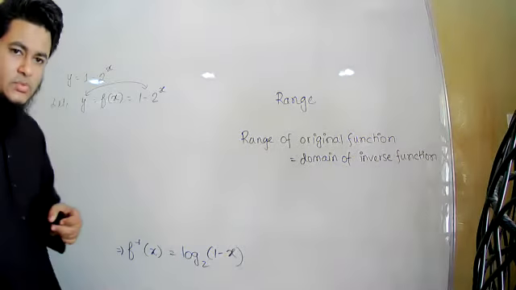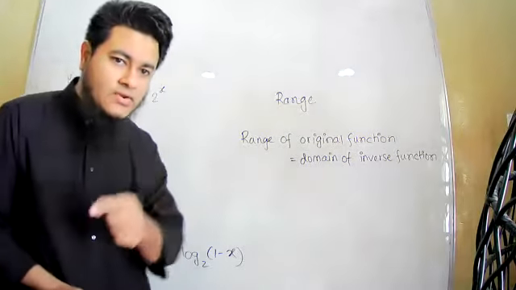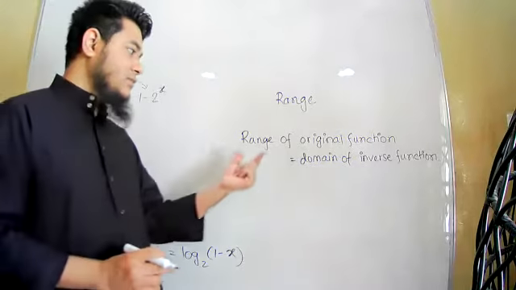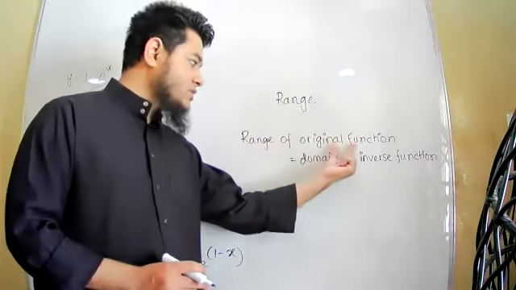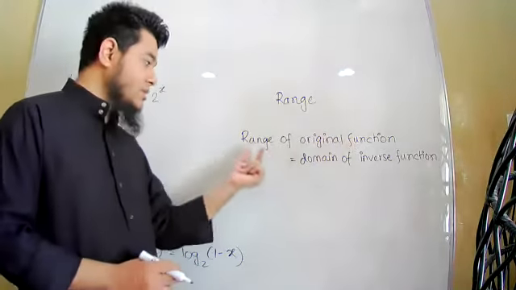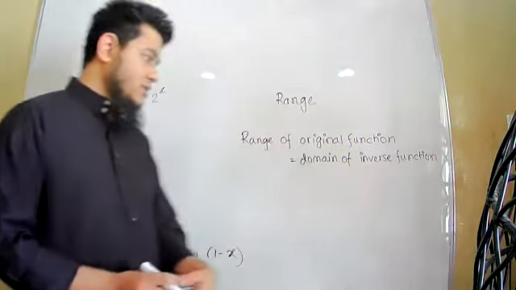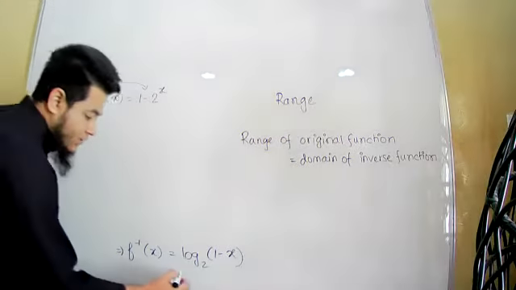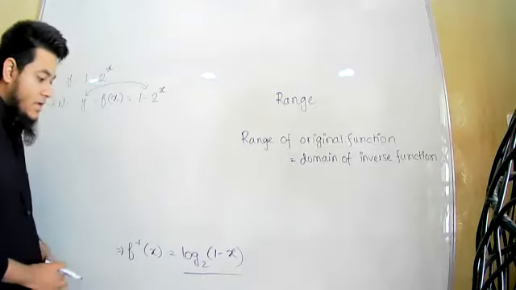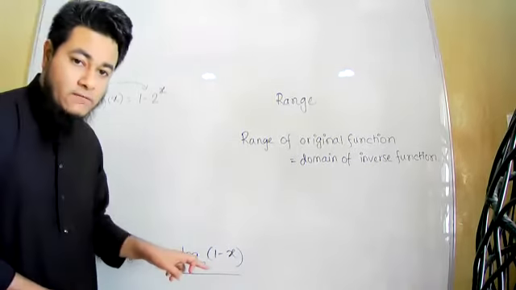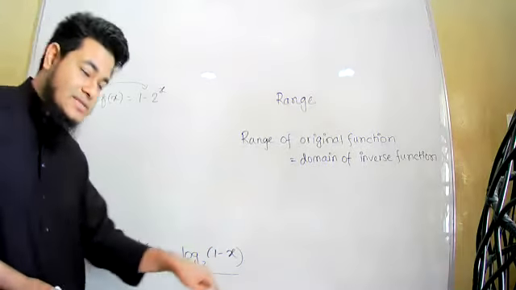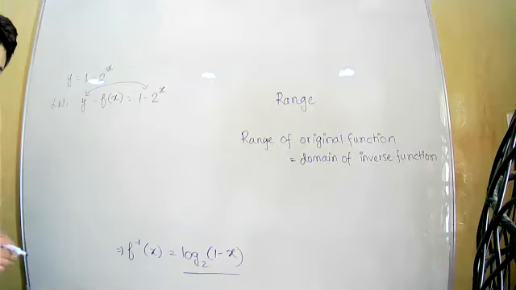Okay, this is what I told you, I guess, at the end of the previous class, that if you want to find out the range of the original function, you have to find out the domain of the inverse function. Now you can see that we have the inverse function here, right? If I can find out the domain of this function, then I can say that that is the range of this function. Okay.